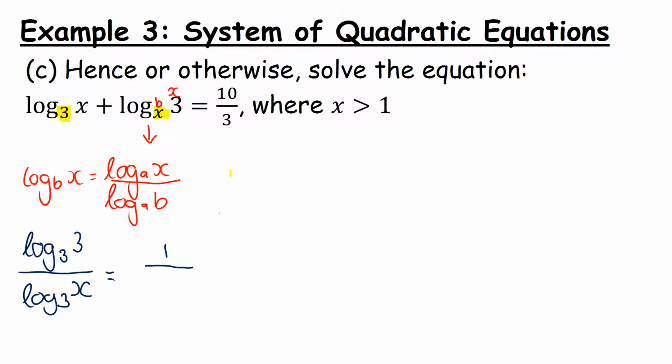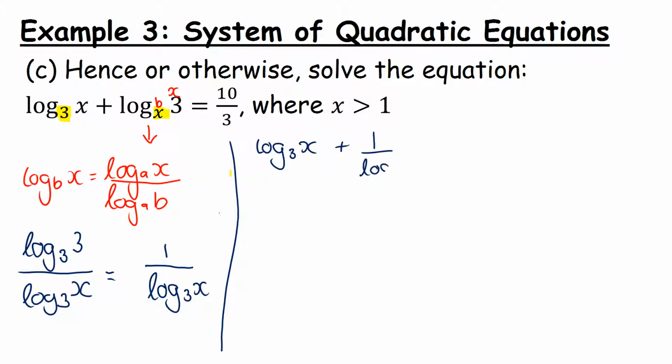You can put that into your calculator if you want. And then the bottom line is log to base 3 of x. So if we go back to our equation, we then have log to base 3 of x plus 1 over log to base 3 of x is equal to 10 over 3.